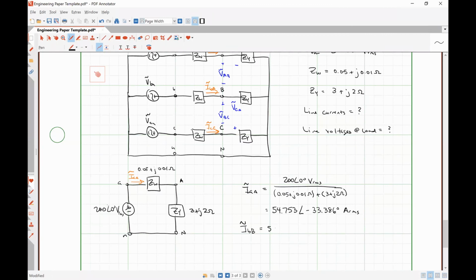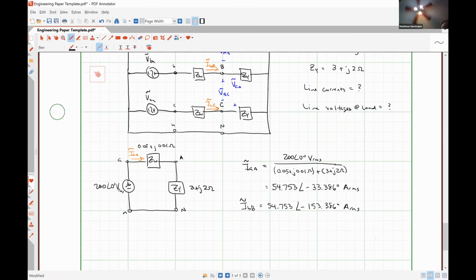So it's going to be 54.753 with an angle of negative 153.386 degrees amps RMS. And I can move right along and figure out what ICC is. So that's going to be 54.753. If I subtract 120 from that, that's going to be minus 273.386 degrees amps RMS. And boom, I have all three of my line currents just that simple.